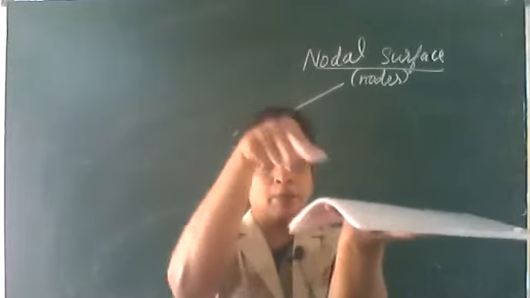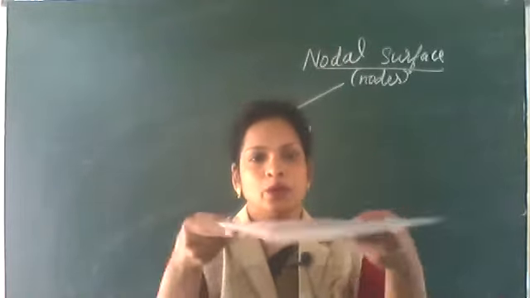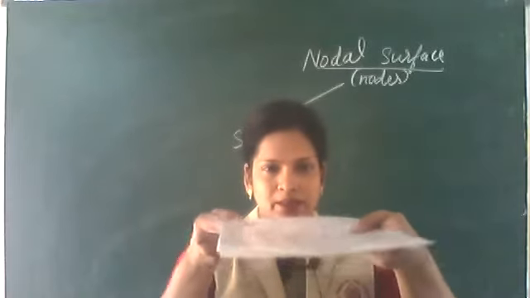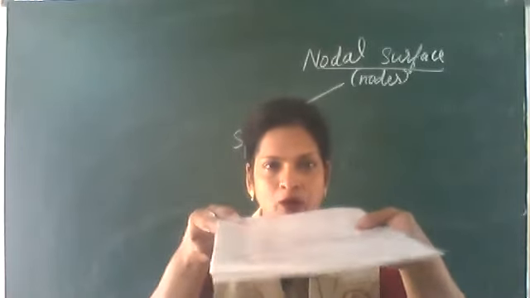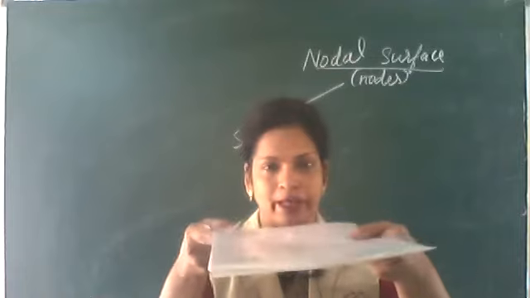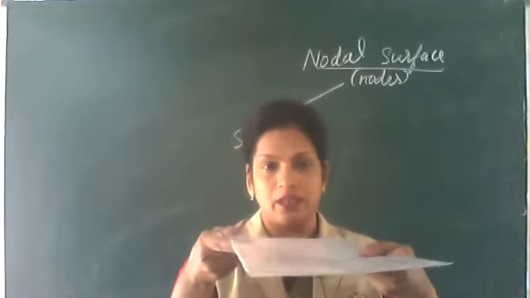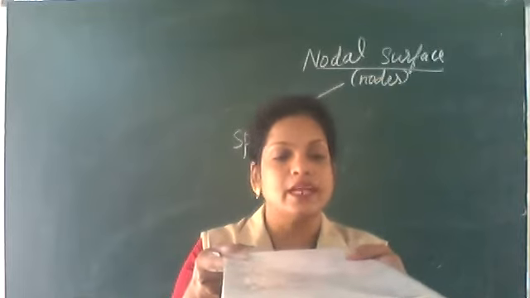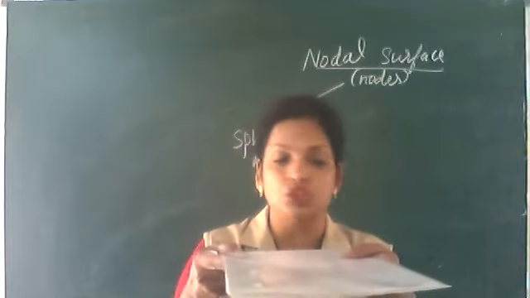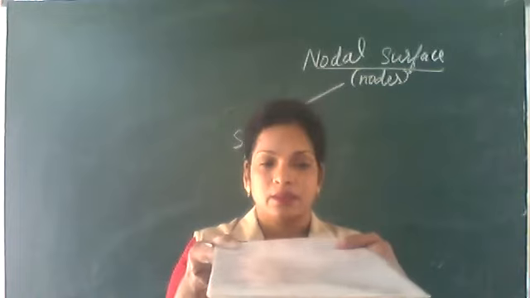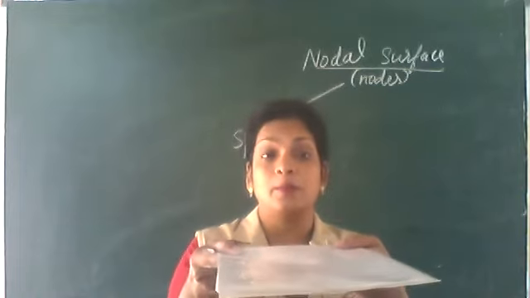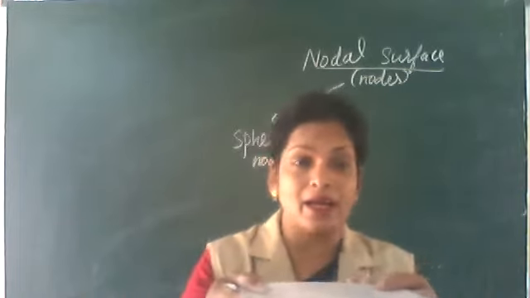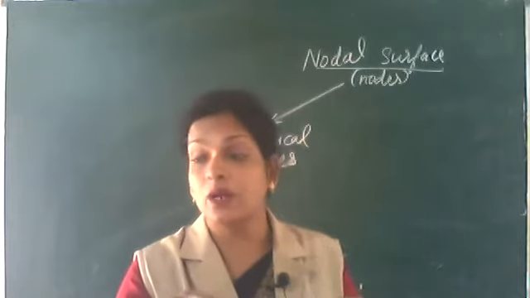So on this plane, between the lobes, you will not see any electron. Probability density is 0. Modulus psi square is 0 along this plane. Such nodes are called planar nodes, or angular nodes.